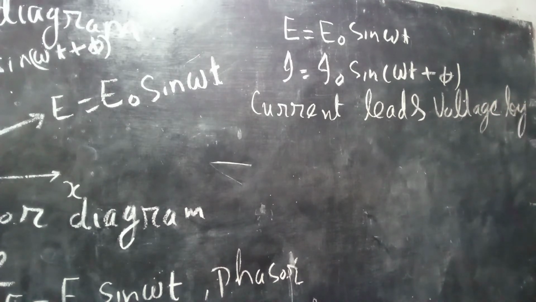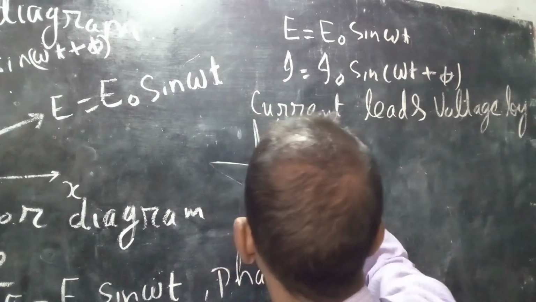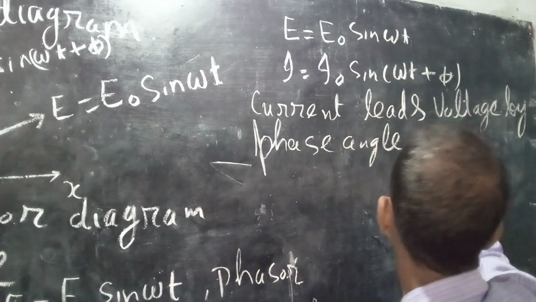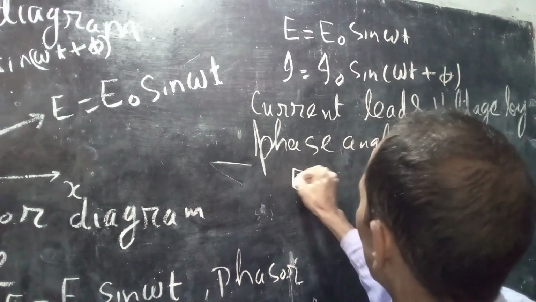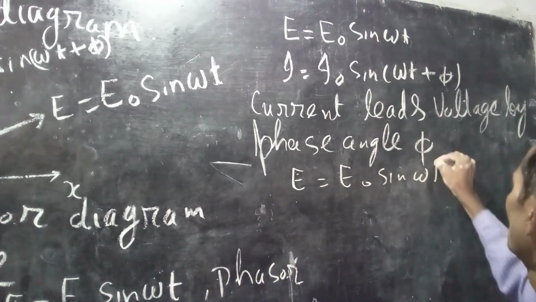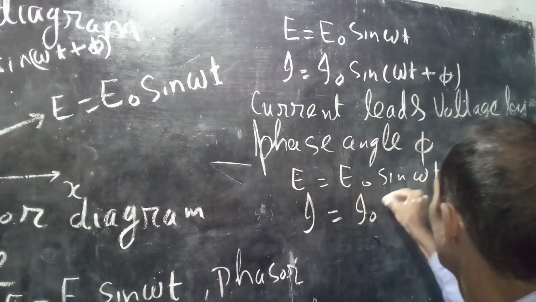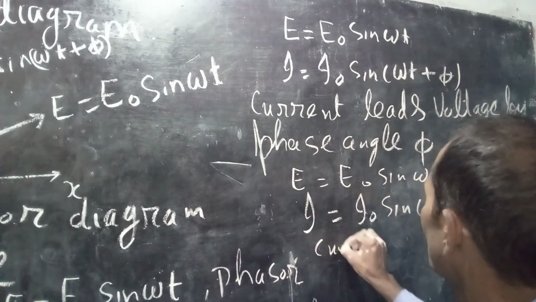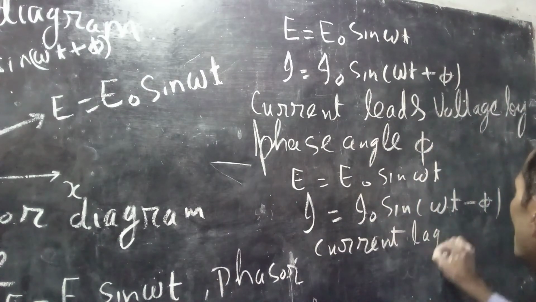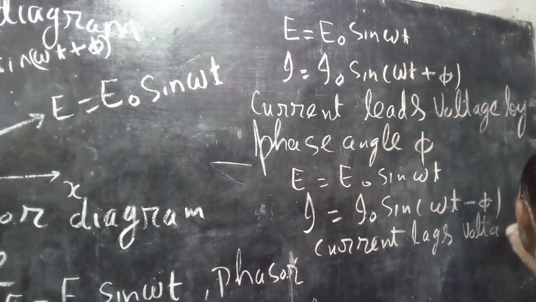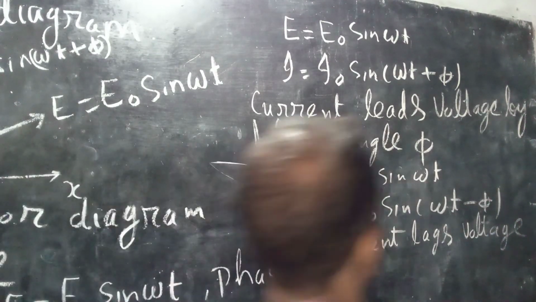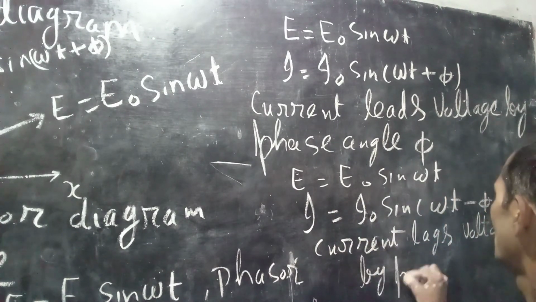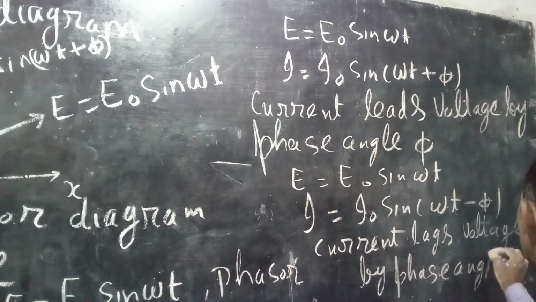And if voltage is E0 sin omega t and current is I0 sin(omega t minus phi), then we say that current lags voltage by phase angle phi.